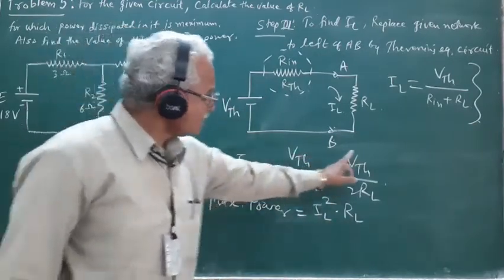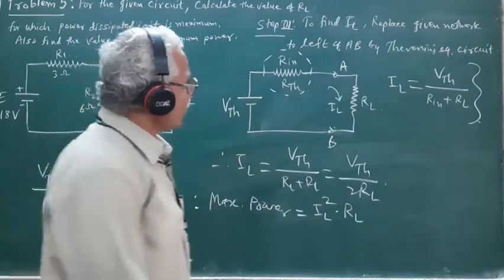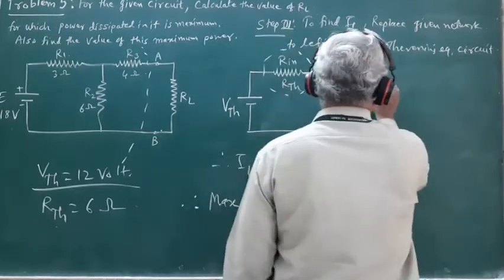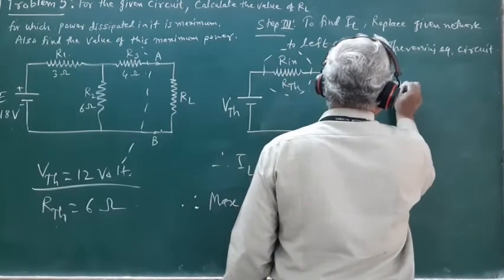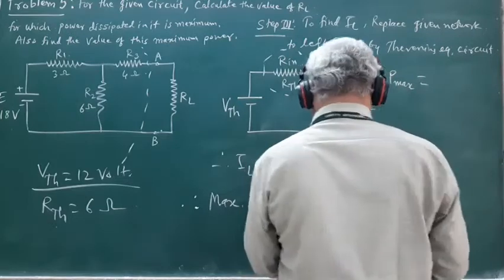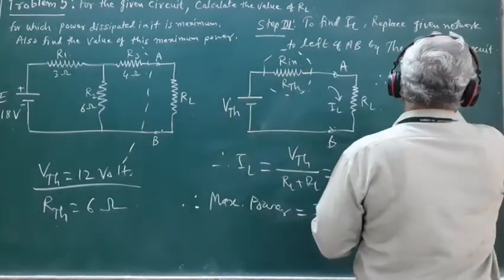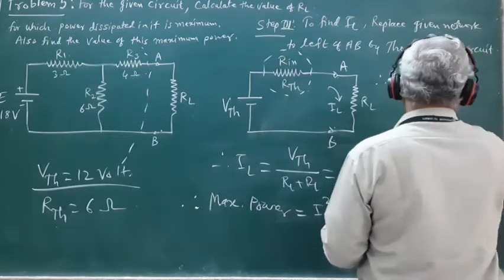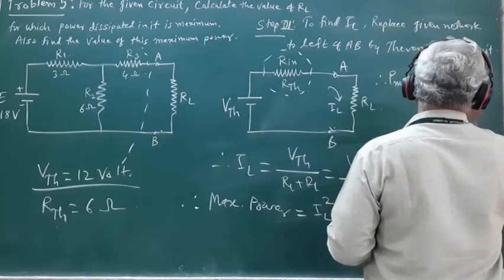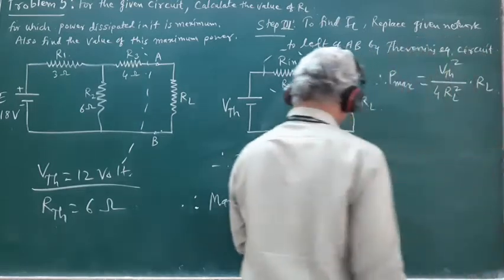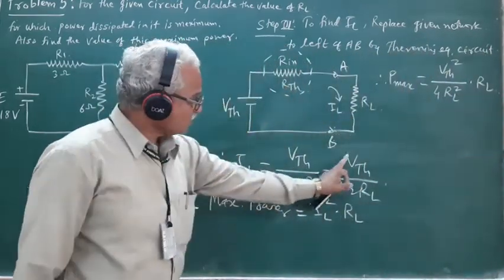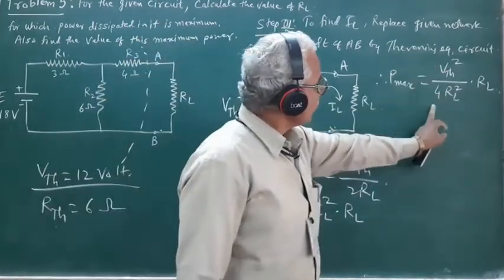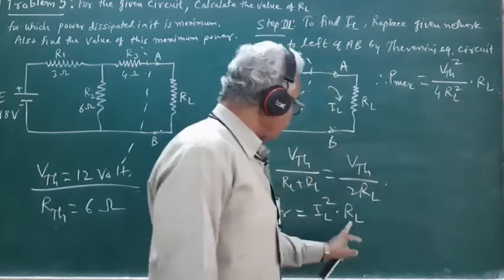So using this expression for IL, we get P max is equal to IL square, which will be VTH square upon 4 RL square multiplied by RL. So IL is replaced by VTH by twice RL, and its square will be VTH square upon 4 RL square into RL.